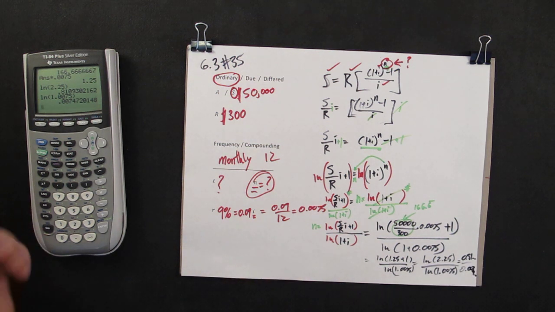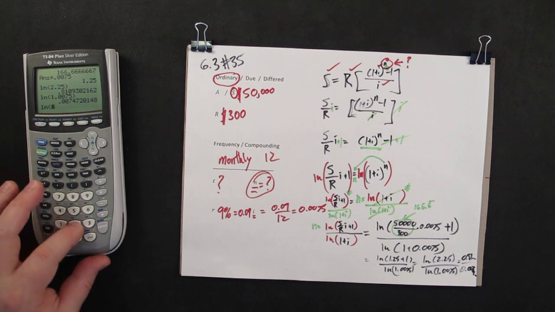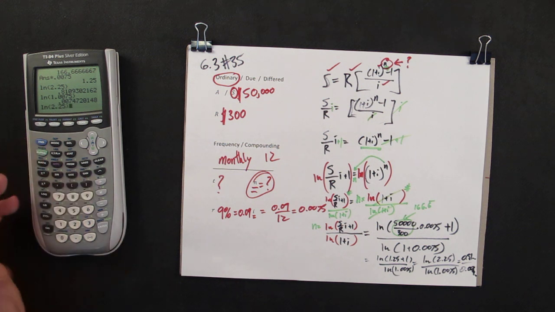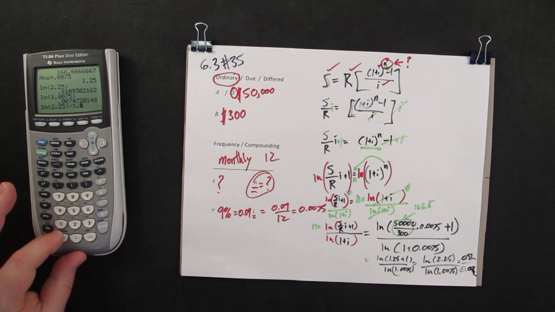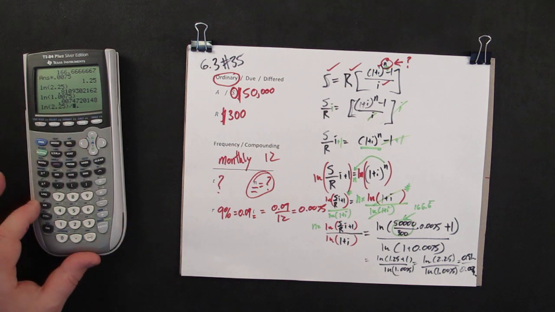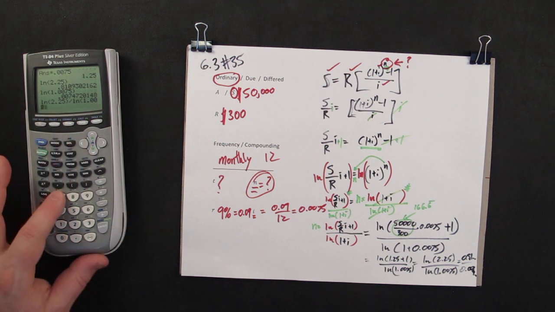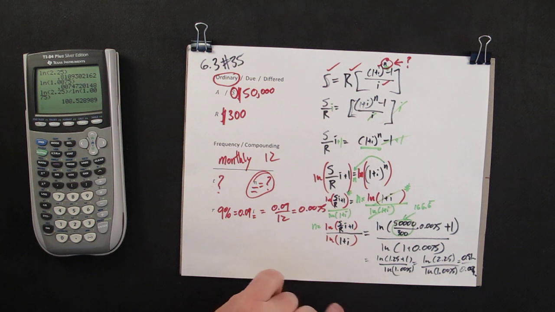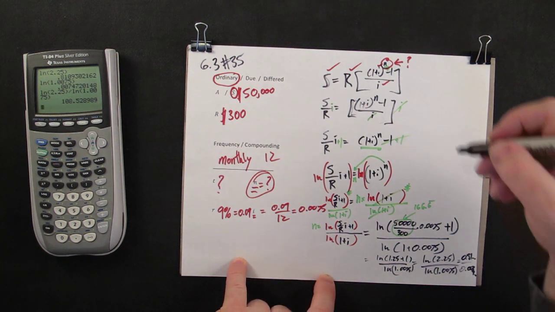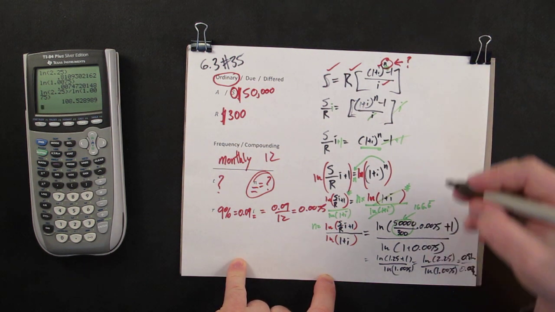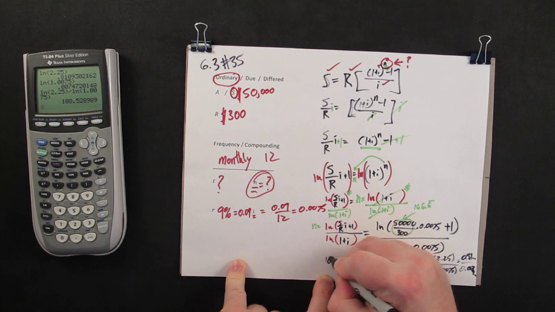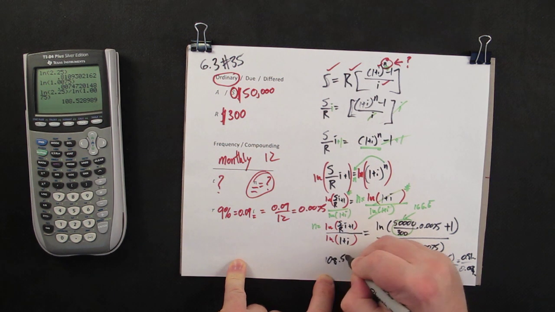Again, you want all the decimals. Usually with something like this, it's better to just do these directly. And so you get out of this computation 108.52.